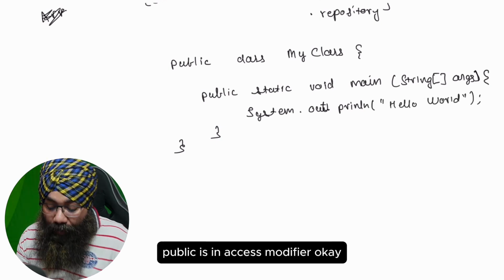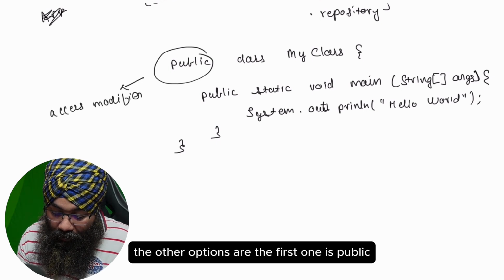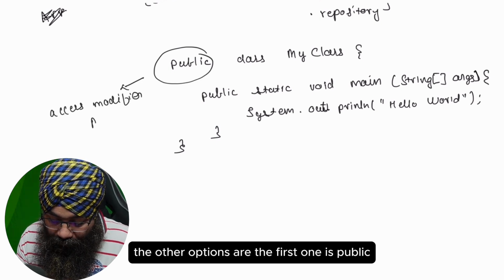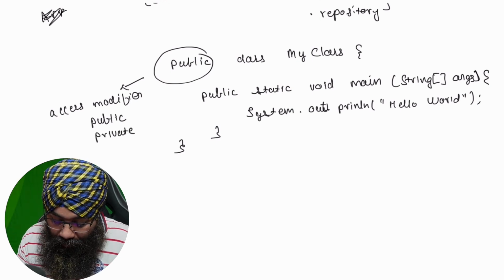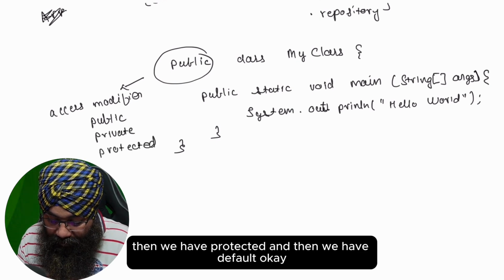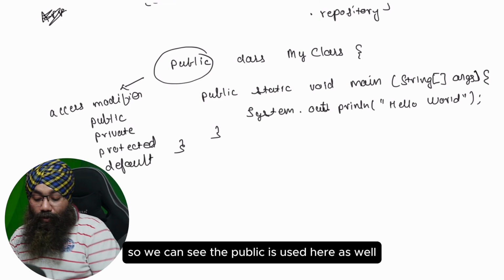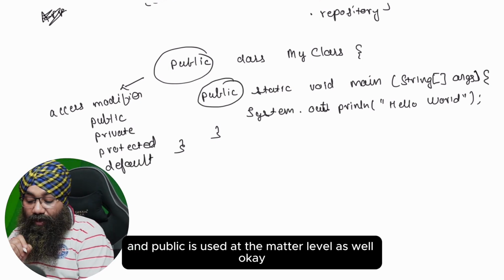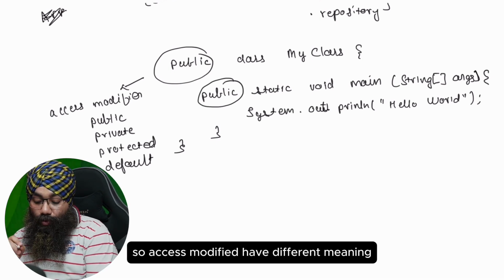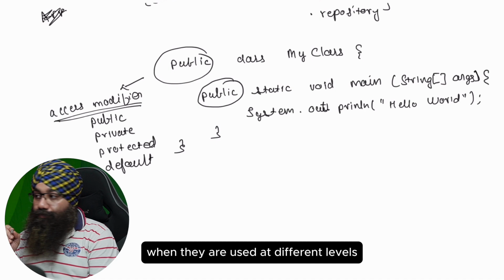Public is an access modifier. The other options are private, protected, and default. Public is used here as well as at the method level.